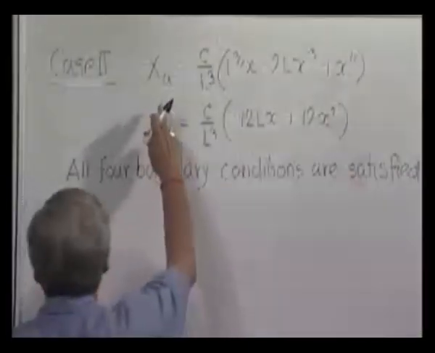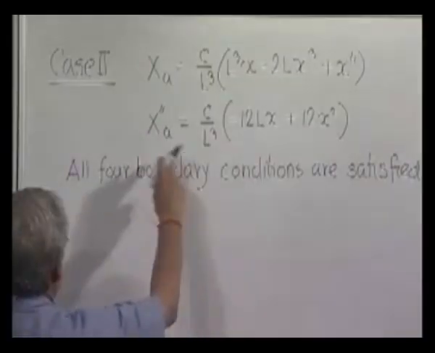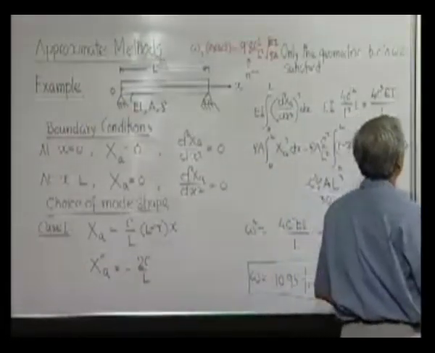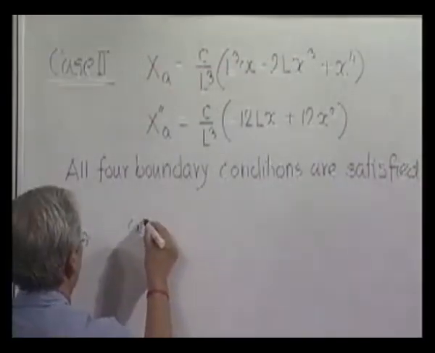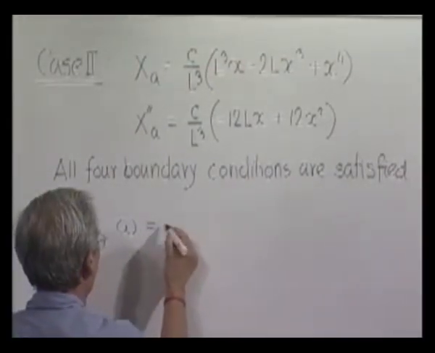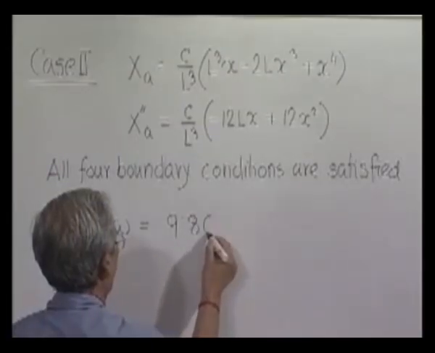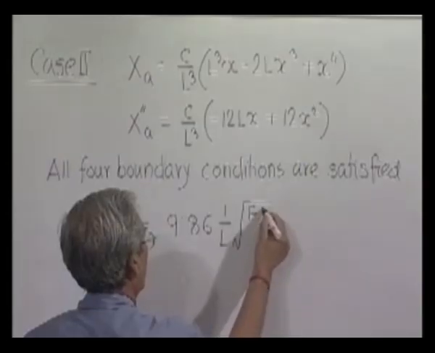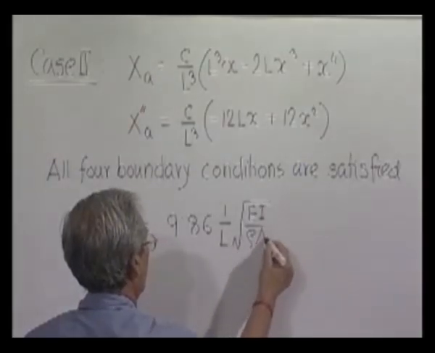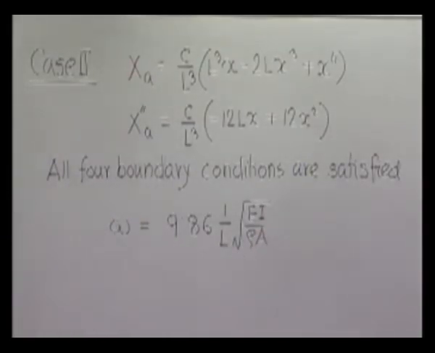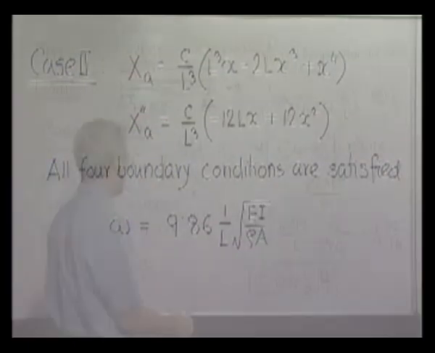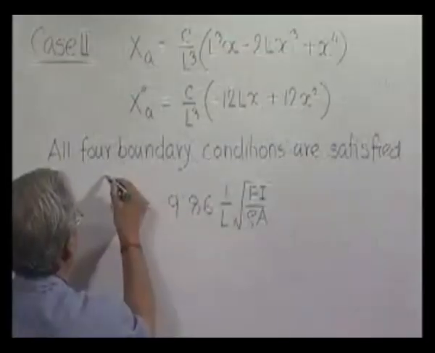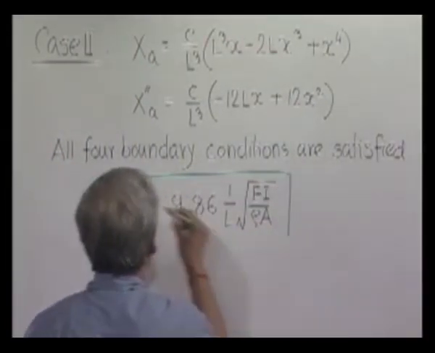If we substitute xa and x double prime a in the expression and find out this numerator and denominator, we get, now let us compare the result with the exact value what we received from analytical method done in the previous module.